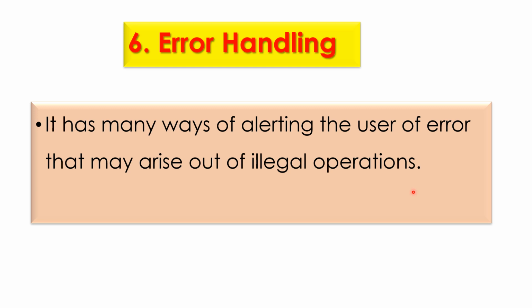So it has different ways of alerting you to say this operation has failed because there is an error. It gives you an option. You have to do ABC to rectify the error. So the operating system is also there to handle the errors.